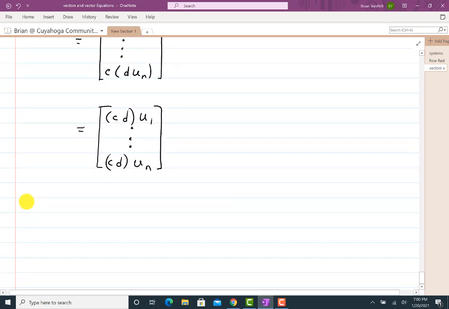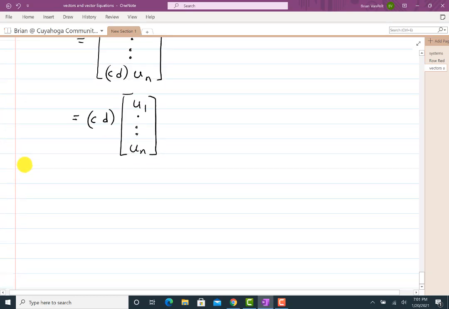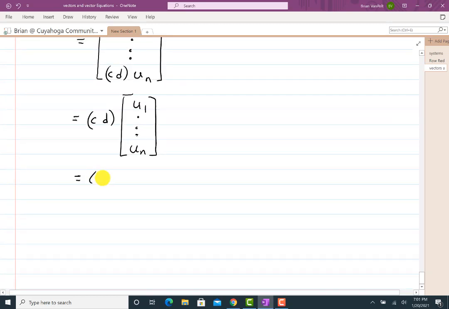Now I can pull the CD out, like so. And of course then that equals CD times the vector U. So you get the idea.